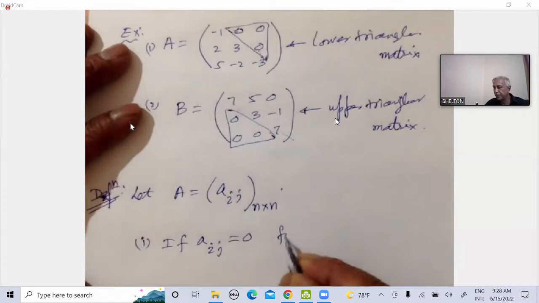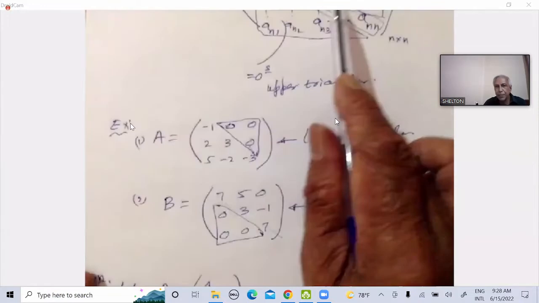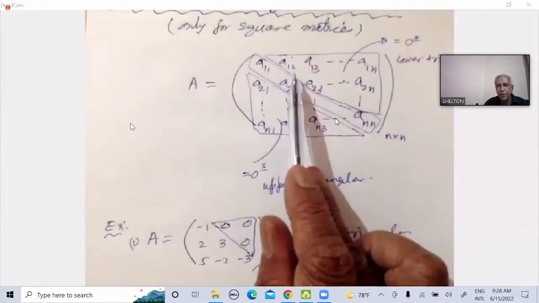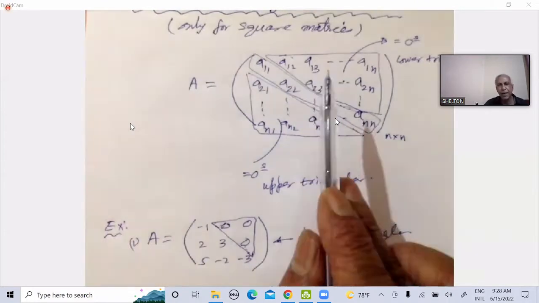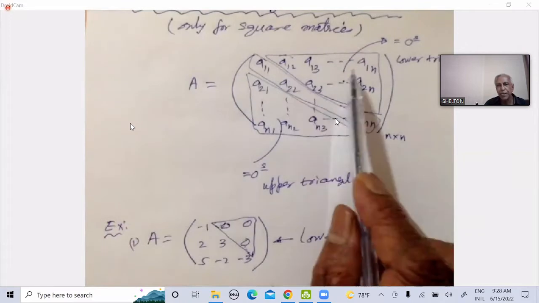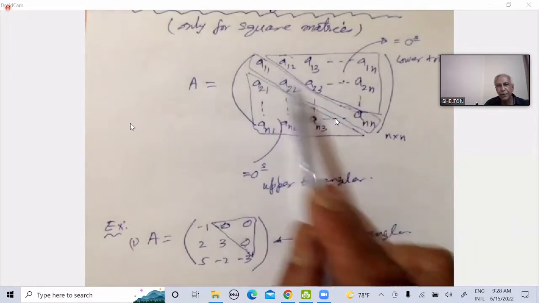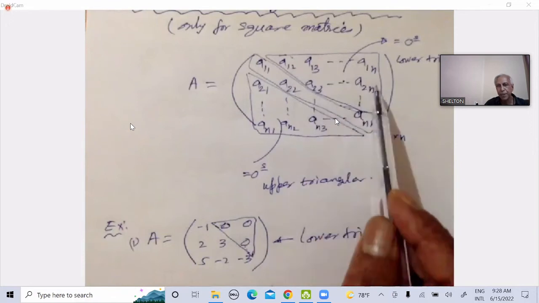Look at this. I want to first define lower triangular. To be lower triangular, all these must be 0. Look at those entries and observe I and J. For this triangle, I and J: 1, 2, 1, 3, 1, n, 2, 3, 2, n.